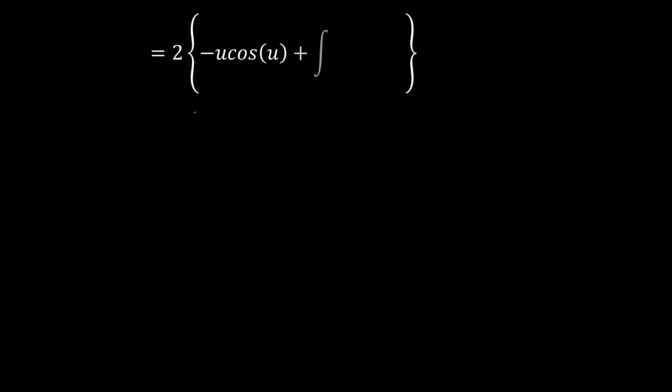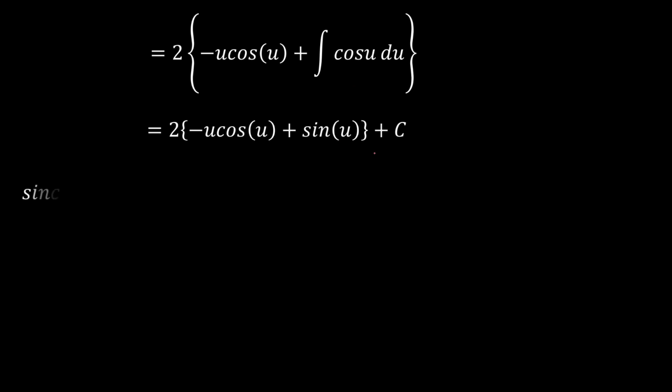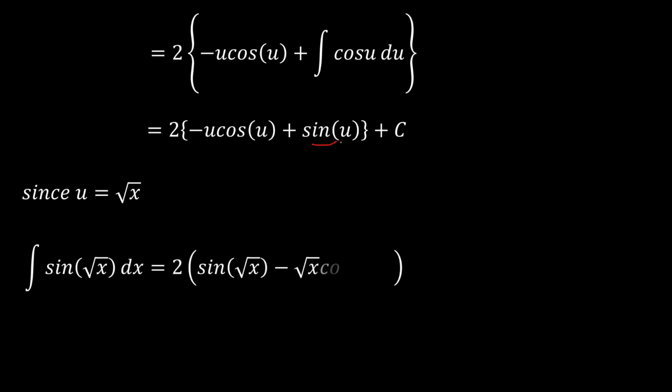So in brackets, 2 times u, negative u cosine u, this integration results in sine u, and then plus the integration constant. Now we can substitute back for u with square root of x. So our final answer is 2 times sine of u, which is sine of square root of x, minus u cosine u, which is square root of x cosine square root of x, plus c. And that is our answer.